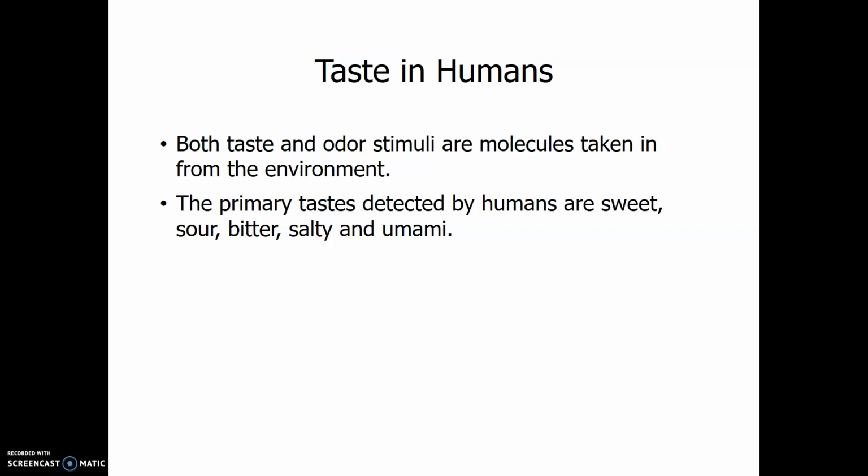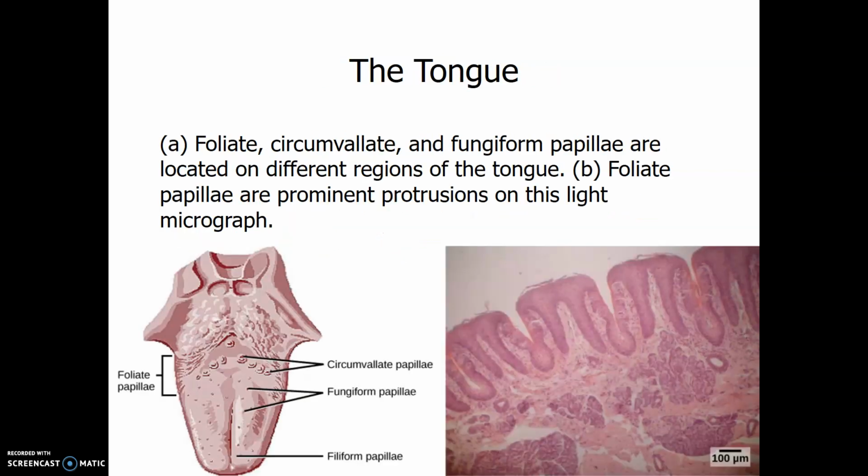But molecules from the environment stimulate the taste receptors and the olfactory receptors. The primary tastes detected by humans are sweet, sour, bitter, salty, and umami. Umami is the taste that I think some people call savory.